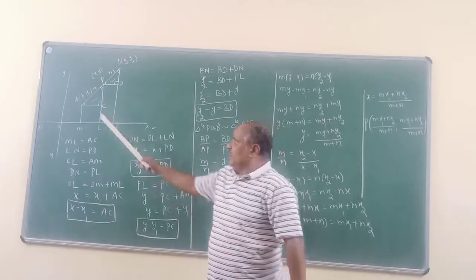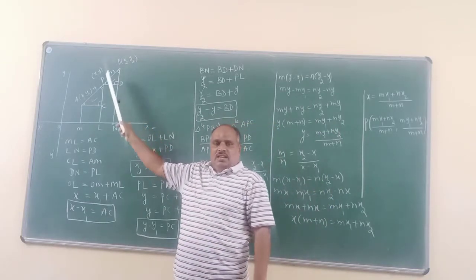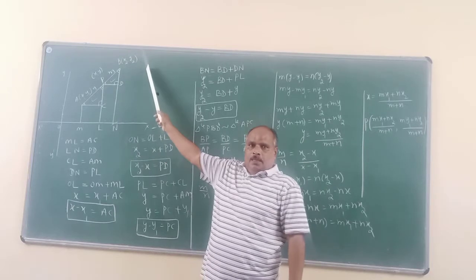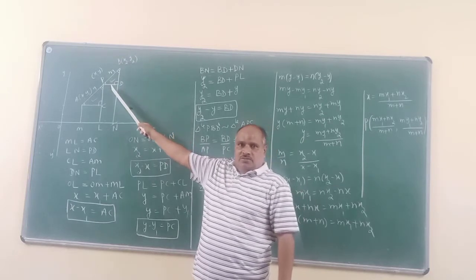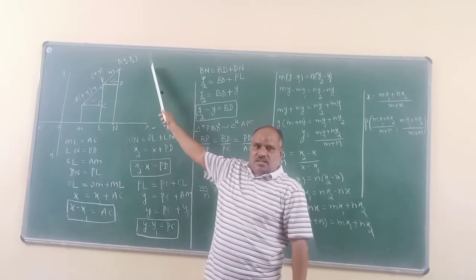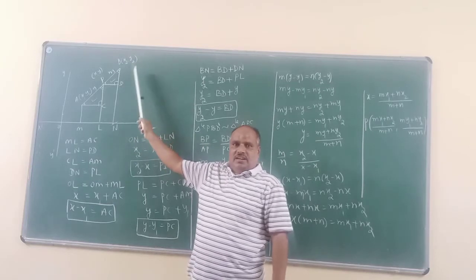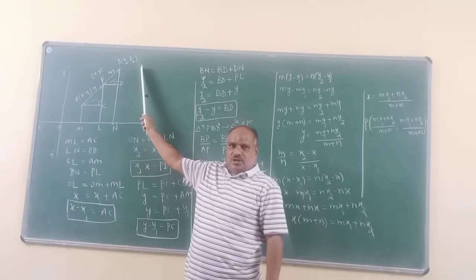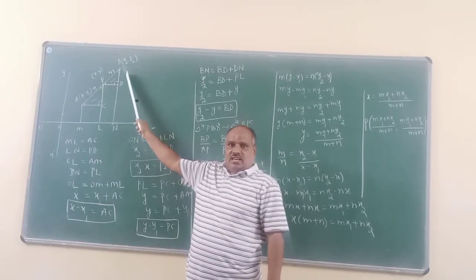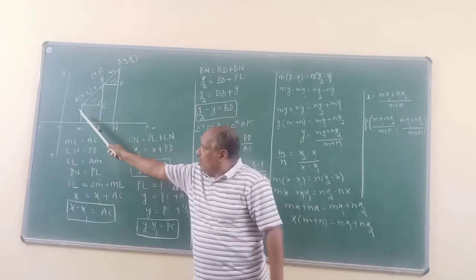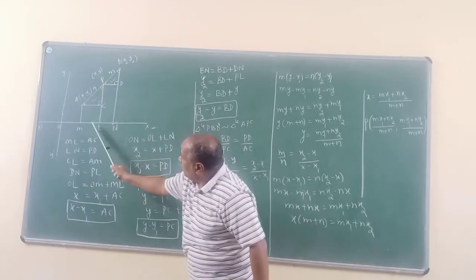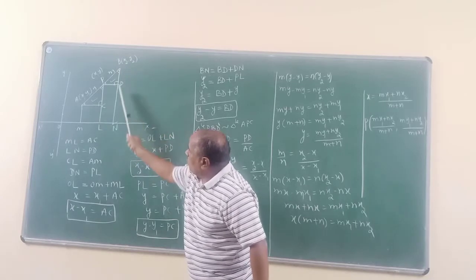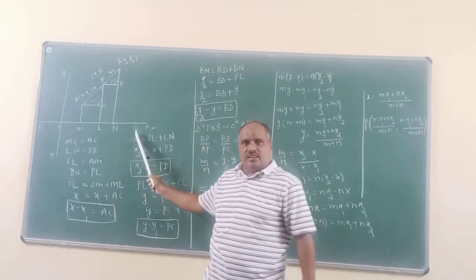Take a line AB whose endpoint coordinates are (x1, y1) and (x2, y2) respectively. P divides AB internally in the ratio m is to n, whose coordinates are (x, y). Draw AM, PN and BN perpendicular to the x axis.